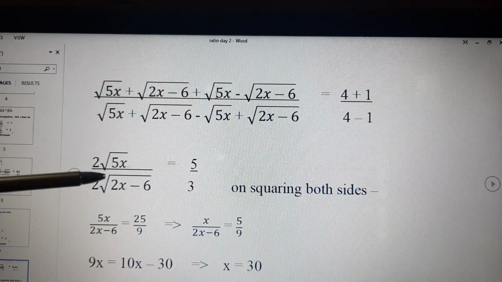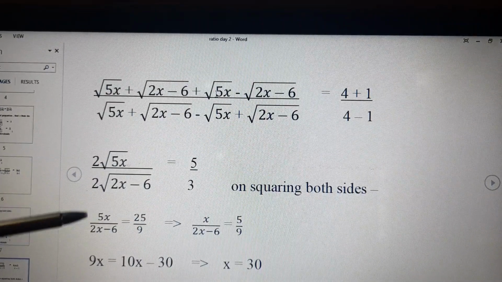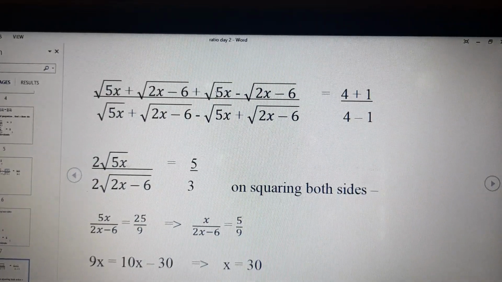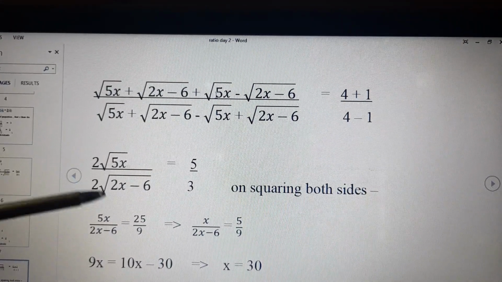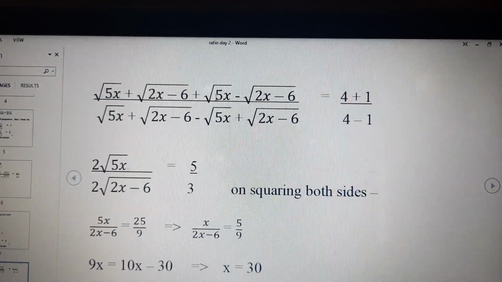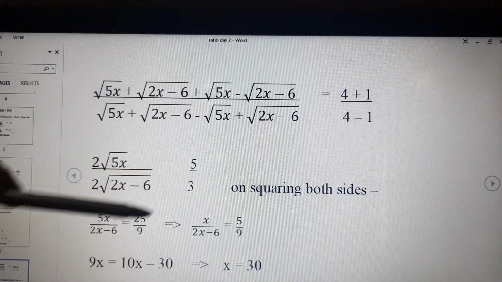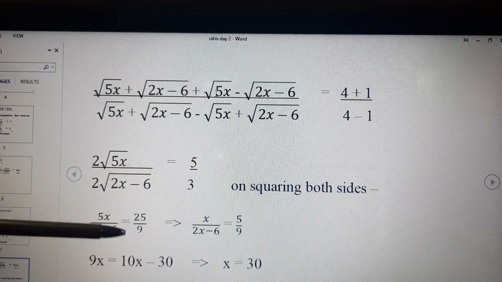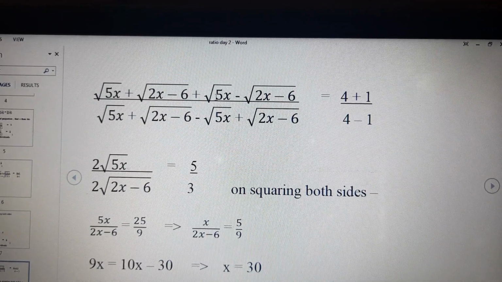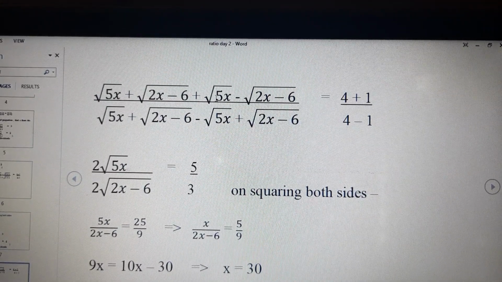Now we have single roots over here. So on squaring both the sides, the under root sign will disappear. So we will be left with 5x upon 2x minus 6 is equal to, as we are squaring, it becomes 25 upon 9, since 3 threes are 9. Then we will do cross multiplication, or we can do one more thing.